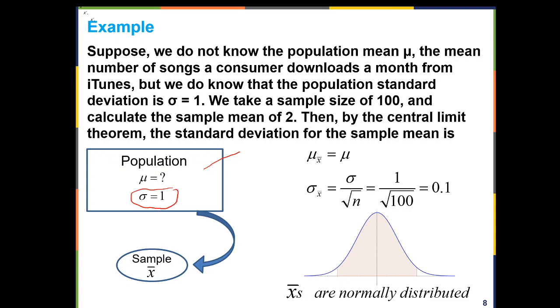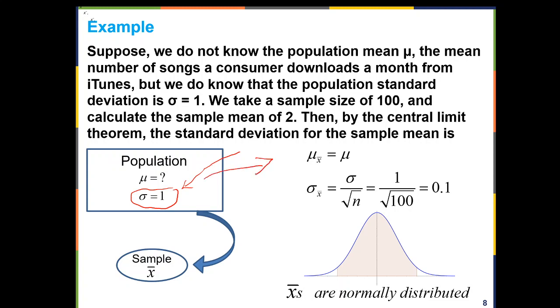Later we're going to see that we don't normally know the standard deviation either, but for now we assume that we do. Now the question is, what is the mean? Well, we don't know that. So how do we find out?